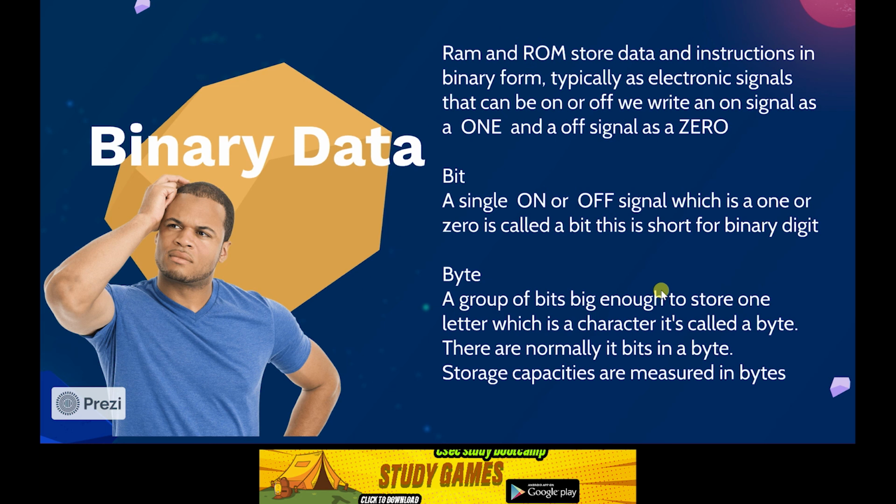They are normally eight bits in a byte. Storage capacity is measured in bytes. So don't get it confused. There's a bit and there's a byte. A bit would be a single unit and a byte would be a group of bits big enough to store a character or even a letter.